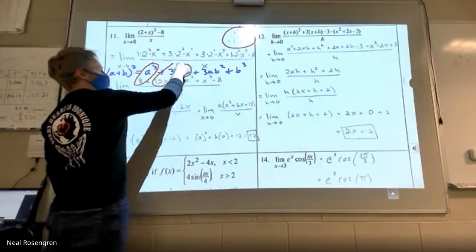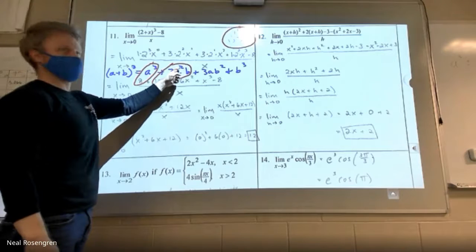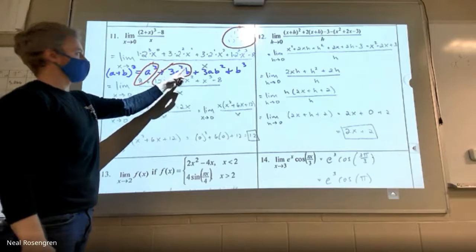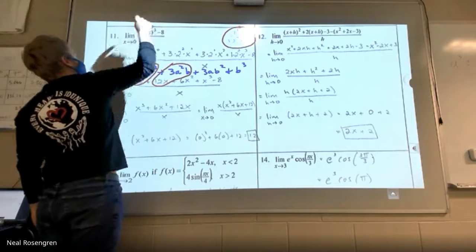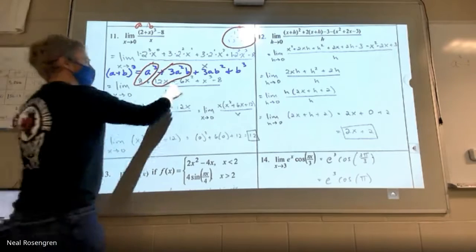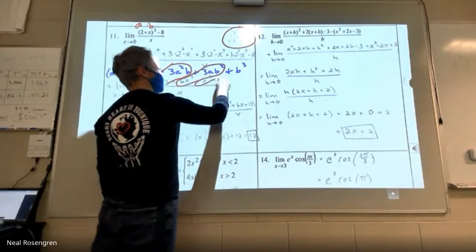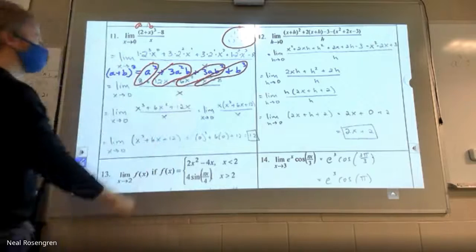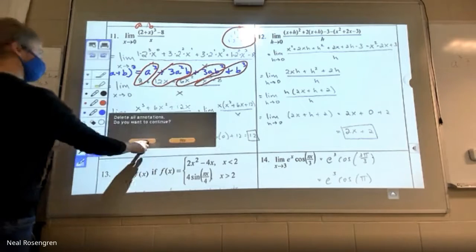There's 3 times 2 squared times x, right? Because a is 2 and b is x in this setup. And then there's 3ab squared, and then x cubed is the b cubed. Actually, it's probably easier if I make that go away. Here, let me rewrite it.